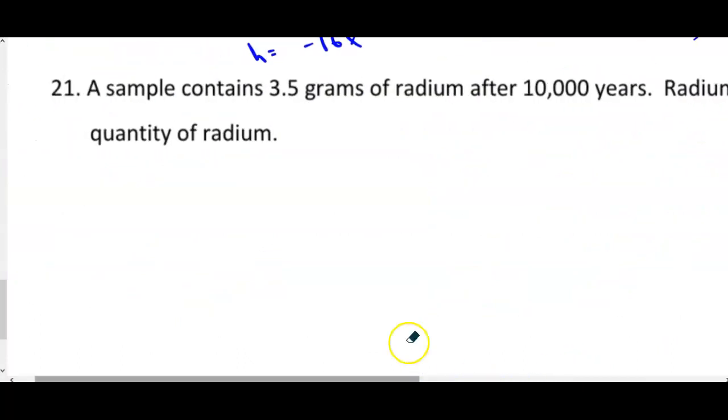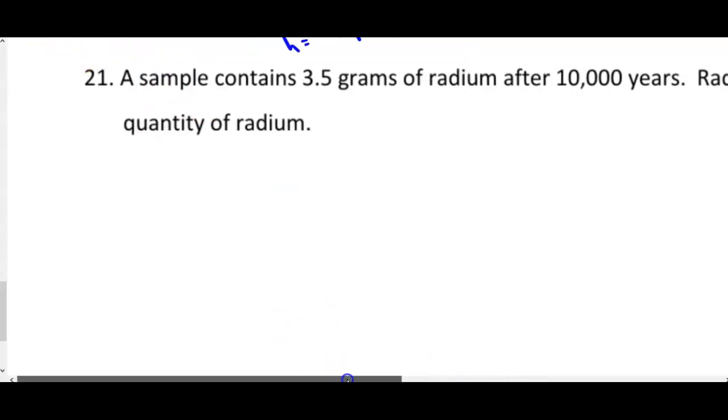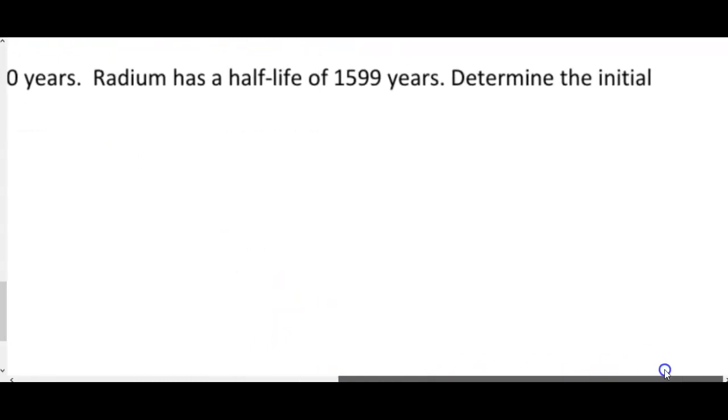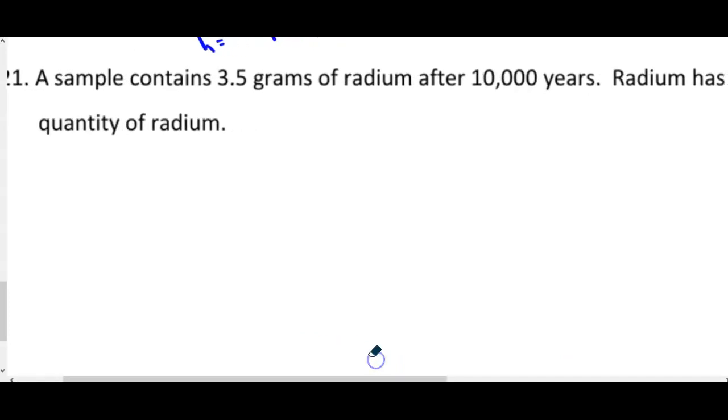All right. Let's see here. A sample contains 3.5 grams of radium after 10,000 years. Radium has a half-life of 1,599 years. Determine the initial quantity of radium.